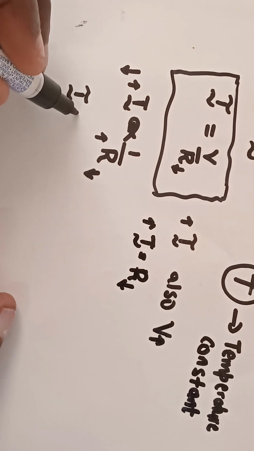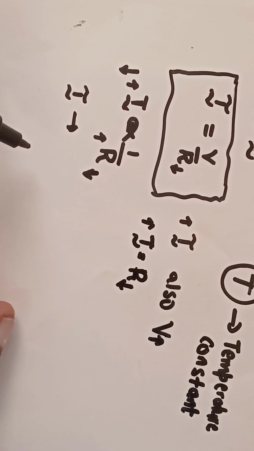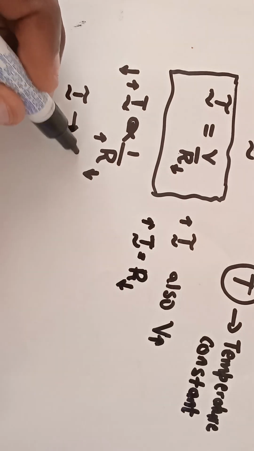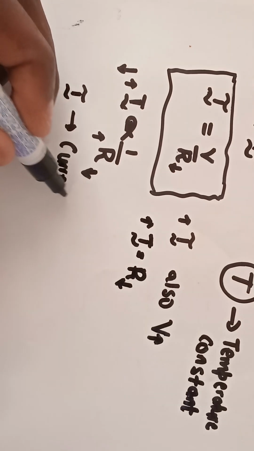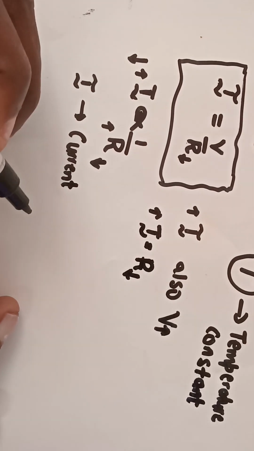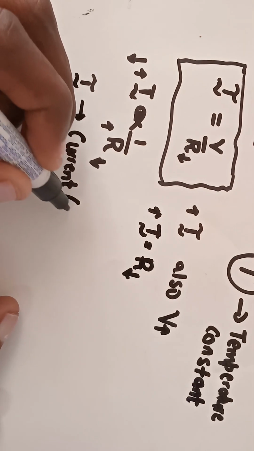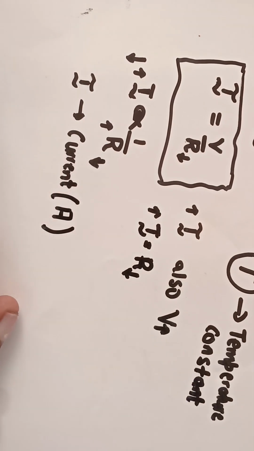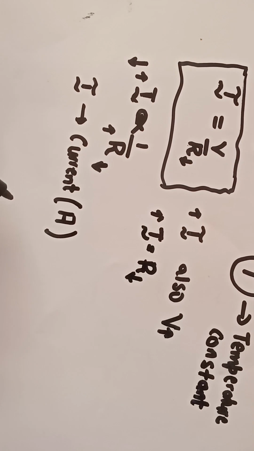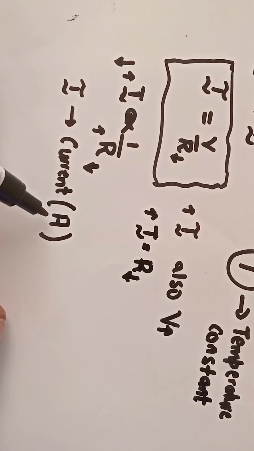I means that it's a current that flows across a conductor, and it is measured in amperes. Now get this point. When we are dealing with problems in electric circuits, you will meet the A more often.